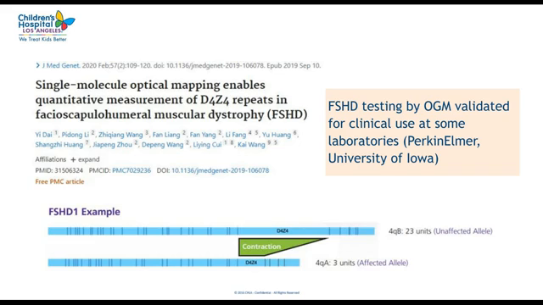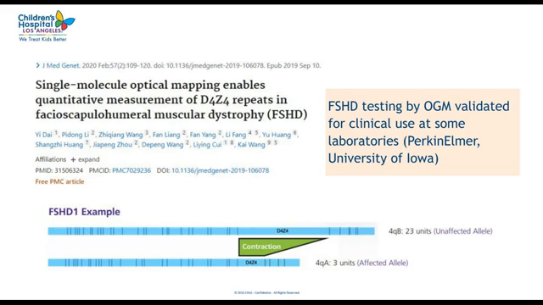One well-known example are repeats associated with rare genetic disorders, facioscapulohumeral muscular dystrophy. In this disease, the disease is caused by a decrease in the number of repeats in a region of chromosome 4, by repeat contraction. And it's a very difficult region to study.